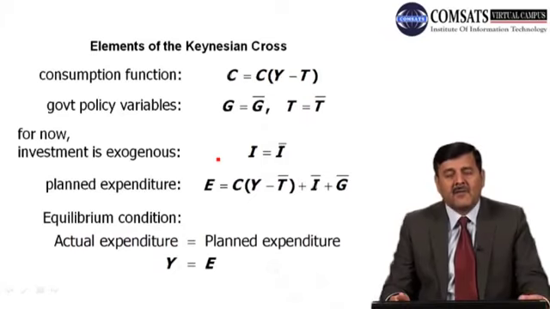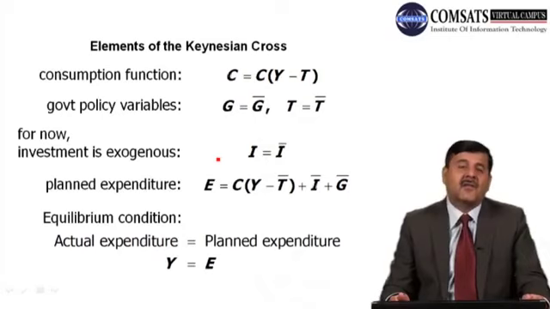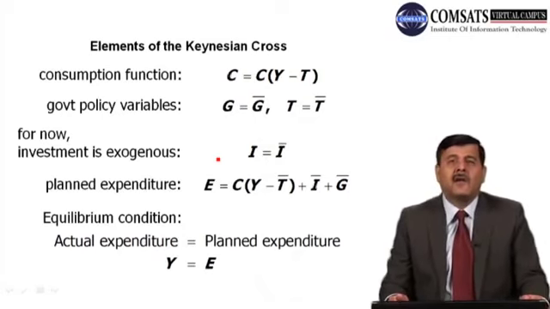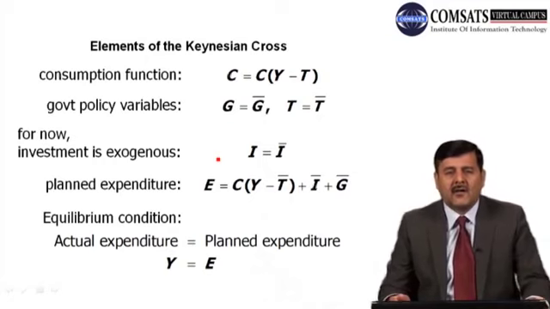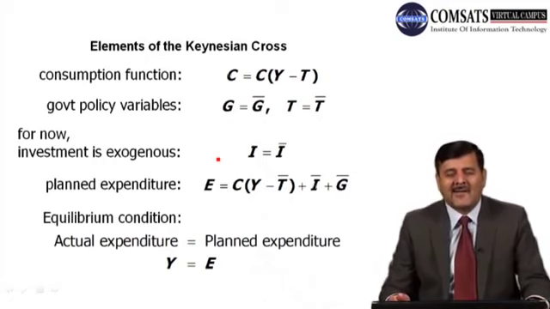Now the government policy variable that we are going to use, which is the fiscal policy variable, is G equals G bar. It means government expenditure is exogenous, given in this Keynesian cross, and T, the level of taxes, is also given, and that is why we set T equal to T bar. For now investment is also exogenous, it is given: I equals I bar.